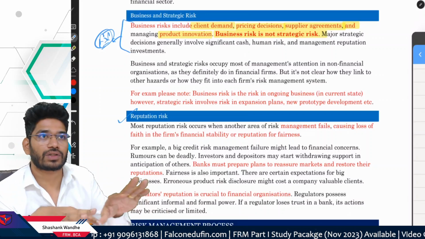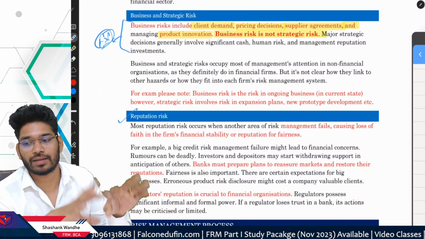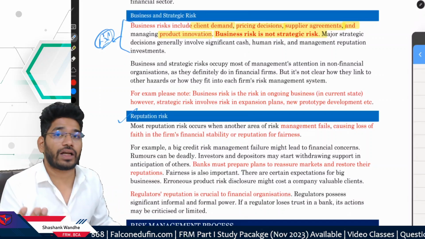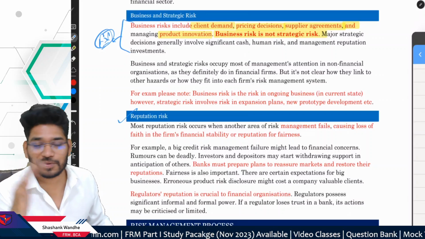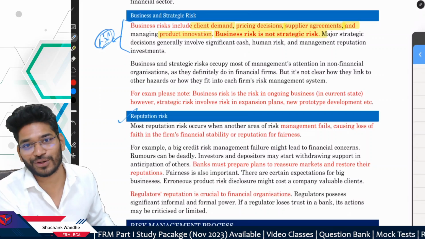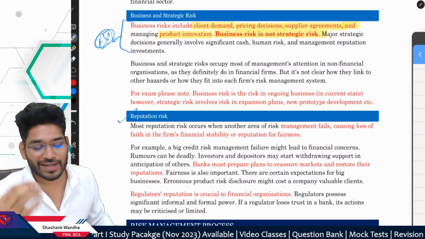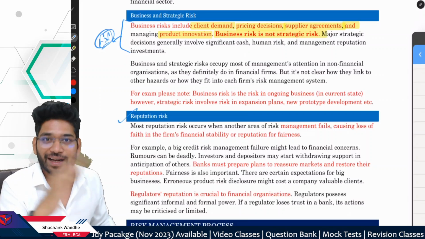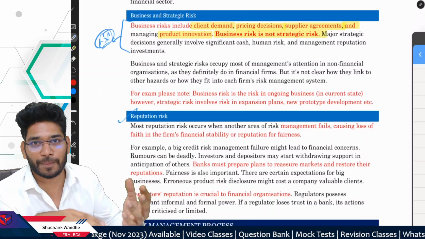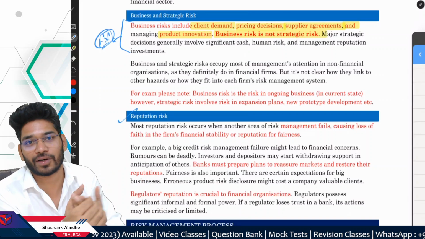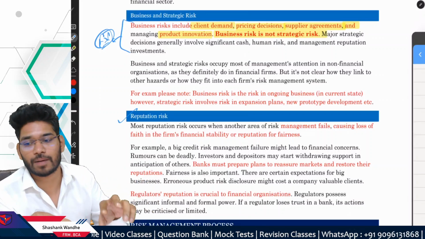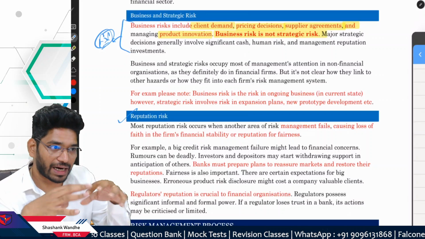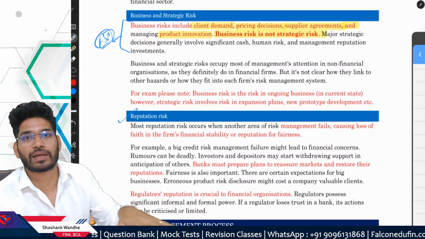Maybe you entered into some wrong agreement. Again, this is a business risk. You're not innovating your product, unless you are Apple. Apple can sell the same iPhone back to back for 4 years. But for other companies, if you are not innovating your product, there is nothing new in your product, so obviously this is a business risk. Business risk comes from conducting the ongoing business.